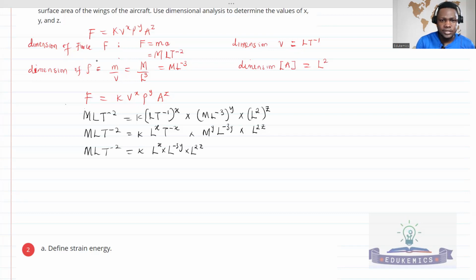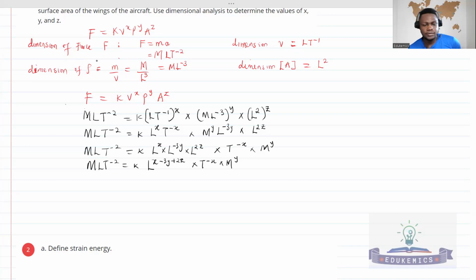Then times T raised to the power of minus X. We only have one T and only one M, so M raised to the power of Y. Let's simplify this expression by adding the powers of L. I have L raised to the power of x minus 3y plus 2z, times T raised to the power of minus x, times M raised to the power of y.